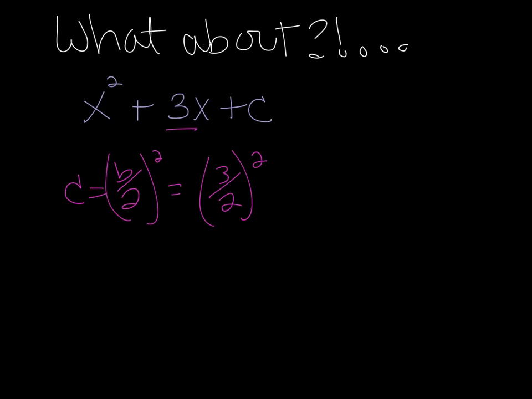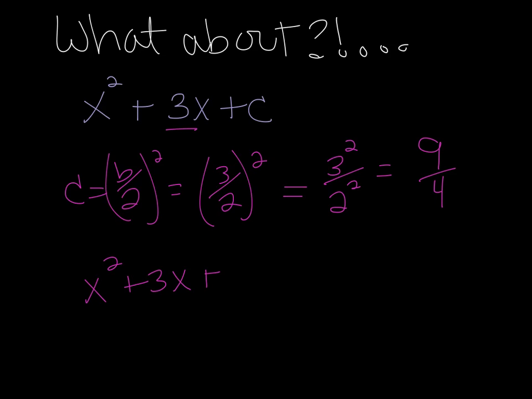So you can still have a perfect square trinomial, even though your values are fractions. Your factors will just also have fractions. So right now, 3 divided by 2 doesn't do anything, but when we square it, we're squaring the numerator and the denominator. So you end up with 9/4 as c. So this equation is x squared plus 3x plus 9/4. That is your perfect square trinomial.